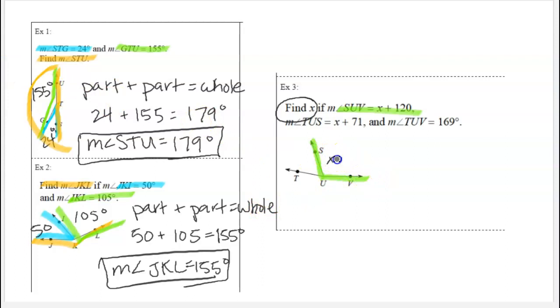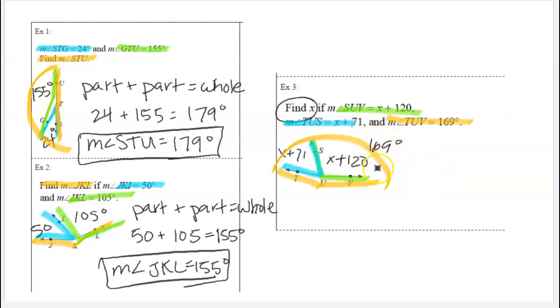We also know that the measure of angle TUS is x plus 71. And TUV, which is the whole thing, is 169.